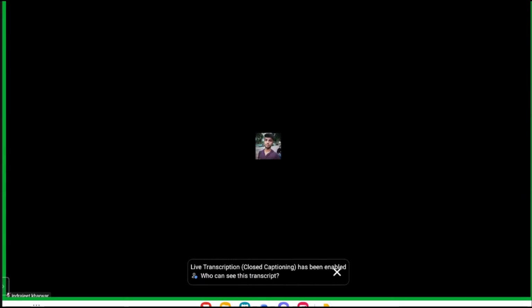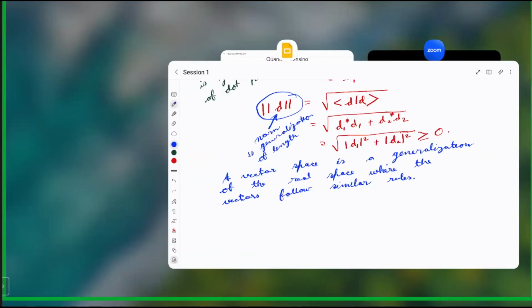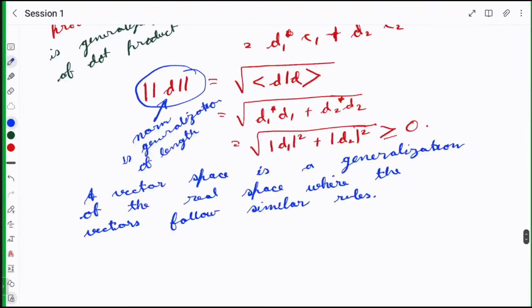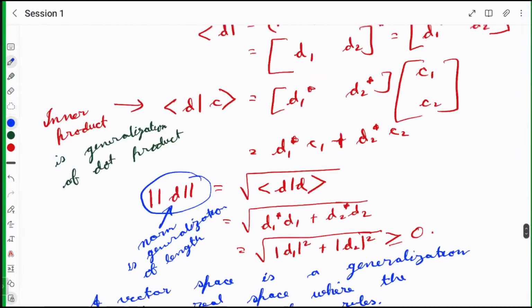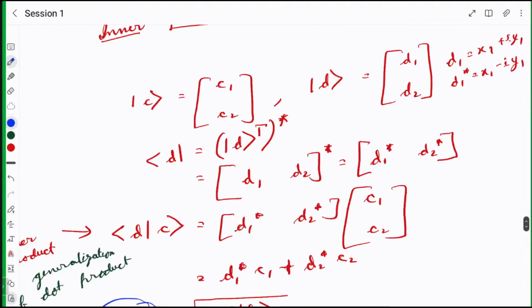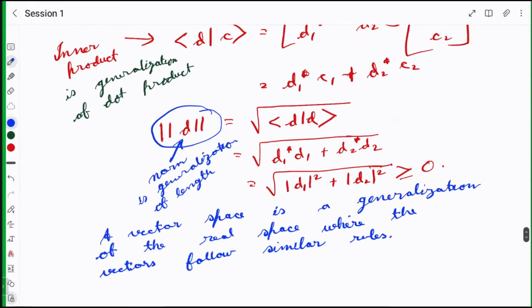Okay. Fine. So I guess it was kind of a revision for you. If there was anybody in the audience who did not know about vector spaces, then hopefully it was a good introduction to the topic.